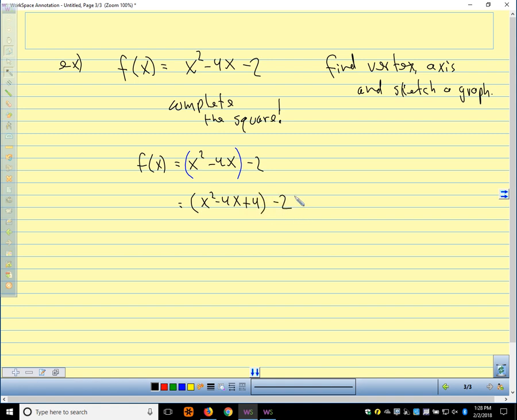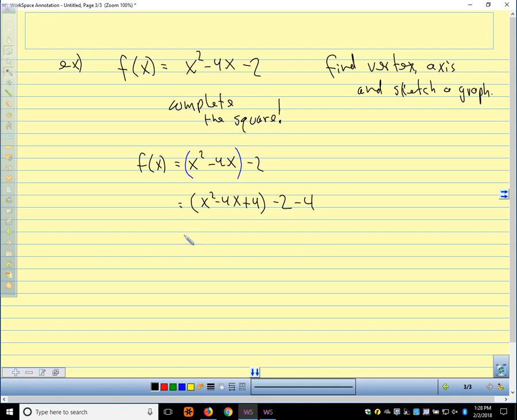But when we complete the square, we want to really not do anything to the function. So since we added 4 there, we need to subtract 4 out there. So what we've done is add 0. But we've added it in a way that's helpful to us.